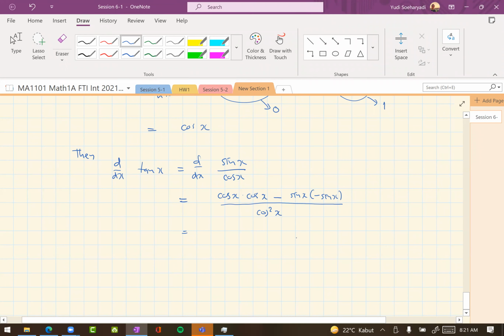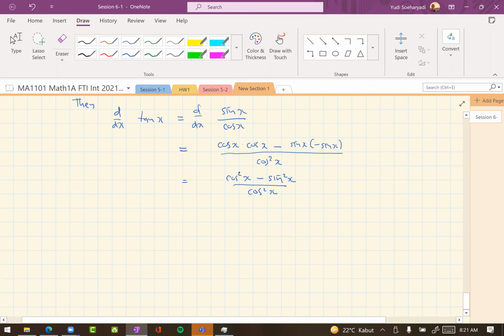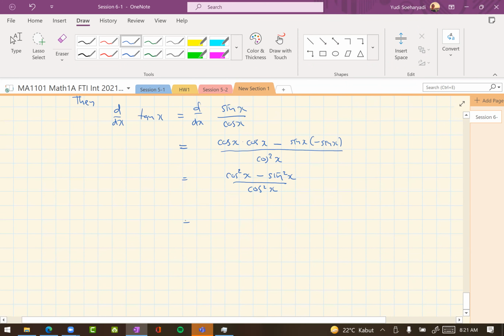Okay, so you have cosine square minus sine square, over, and there's a couple of ways to express this one. For example, you can just directly divide by cosine square, so you get 1 minus, what is this?